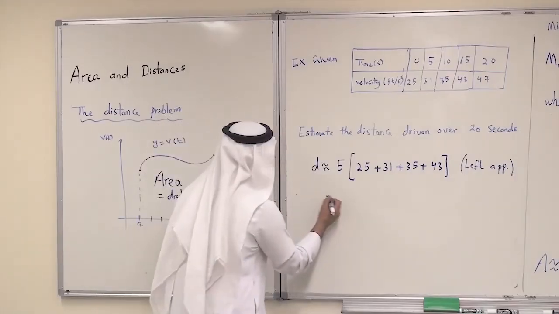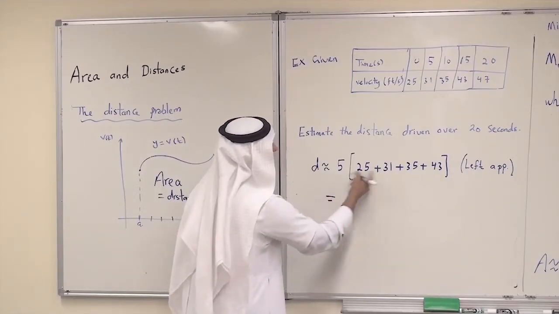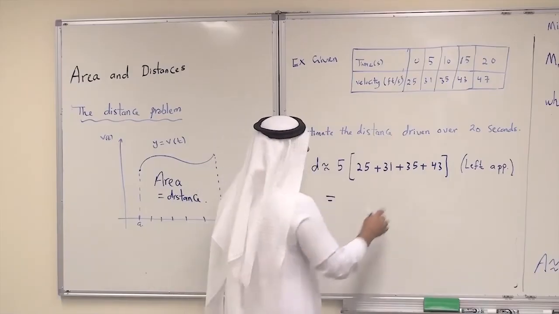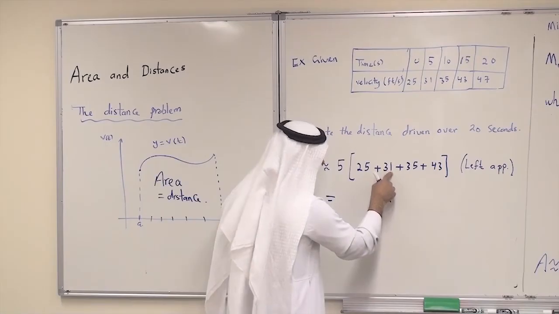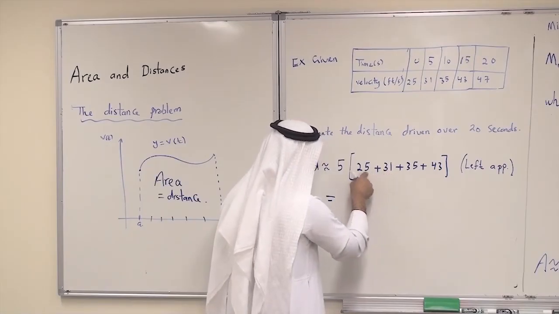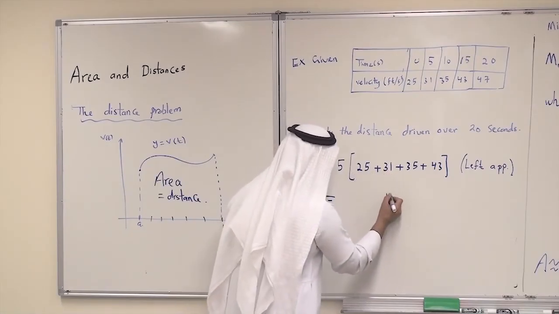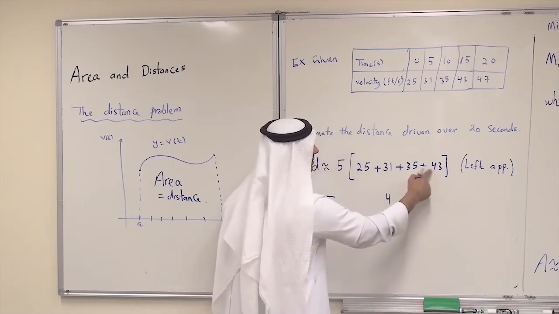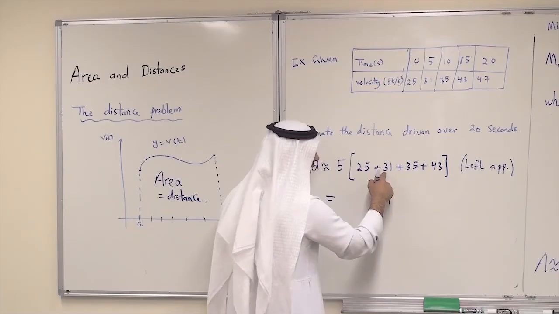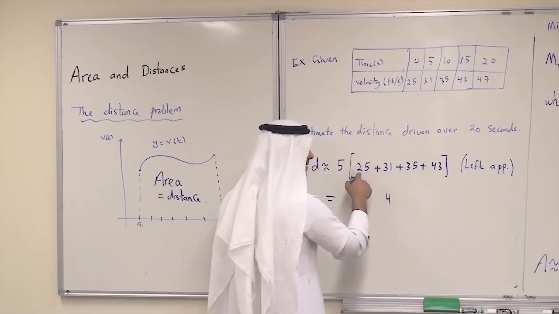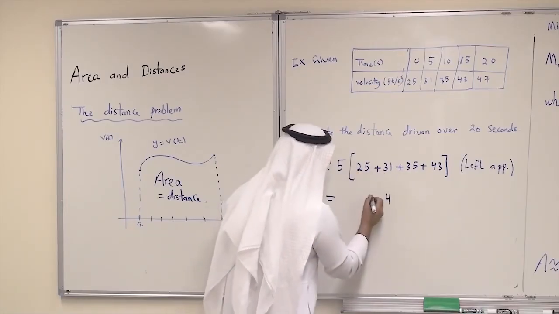Then you can calculate this by adding these numbers. 3 plus 5 is 8, plus 1 is 9. 9 plus 5 is 14. So this is 4 and 1. 5, 8, plus 3 is 11. 11 plus 2 is 13.